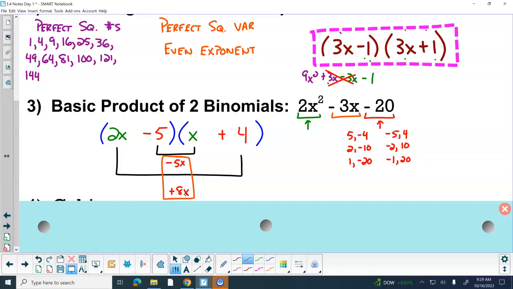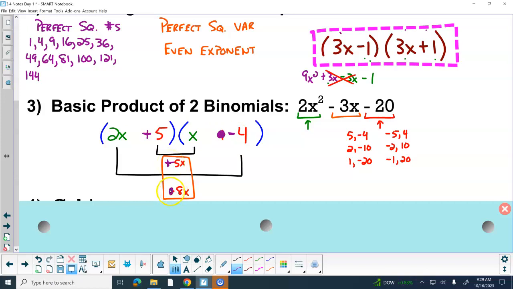Positive 3x. Is positive 3x the same as negative 3x? No, it is not. But it's 3, right? So what can I do to make this one work? Just switch the signs. If I switch these signs here to positive, here to negative, now this one gives me positive 5x.